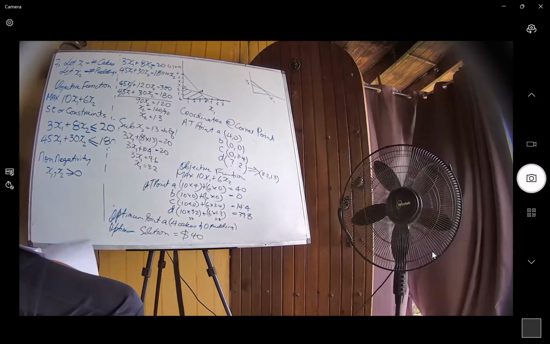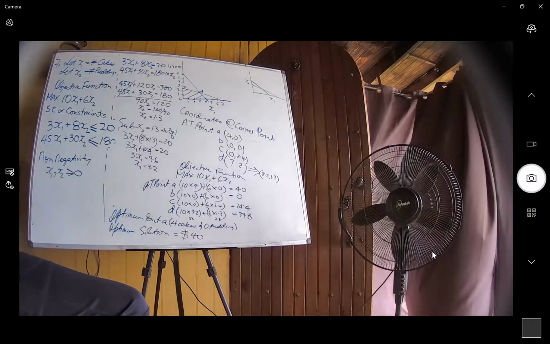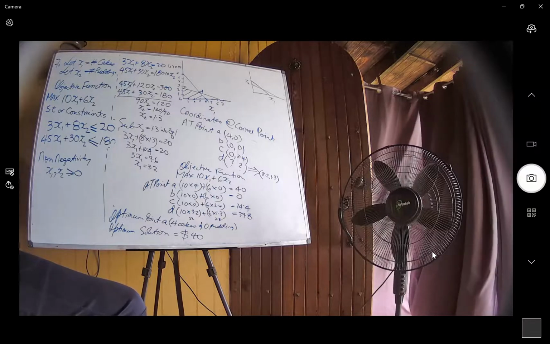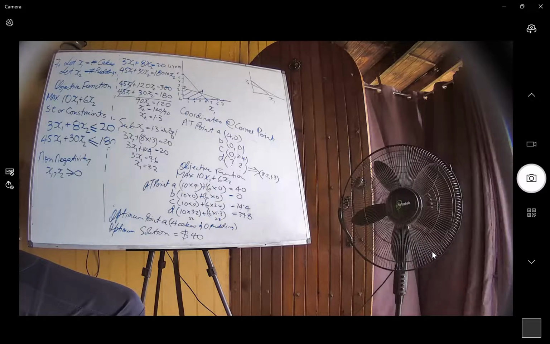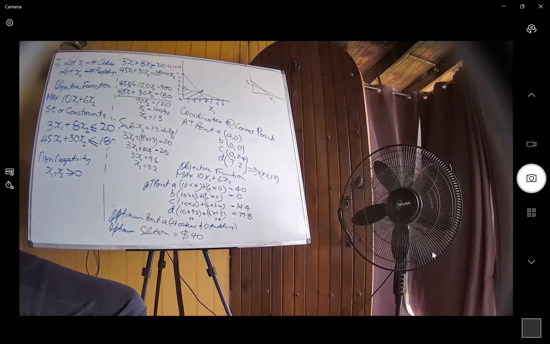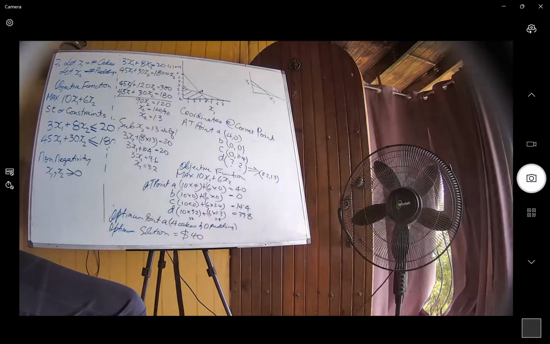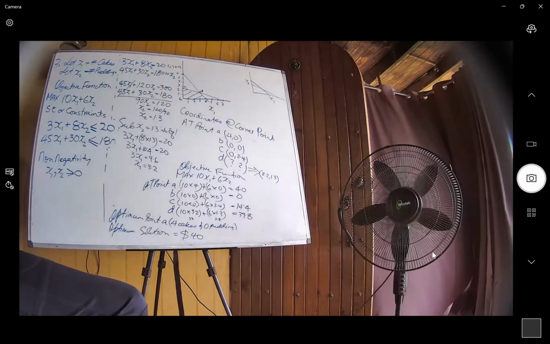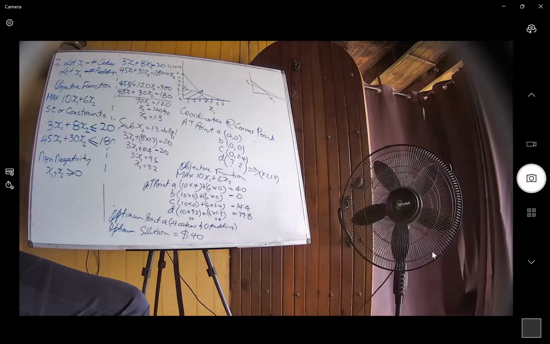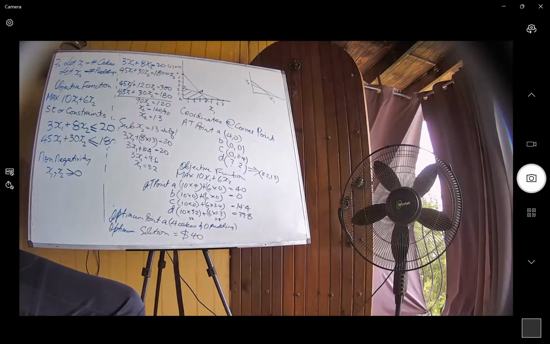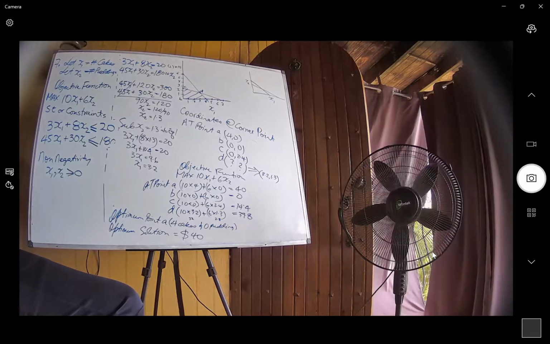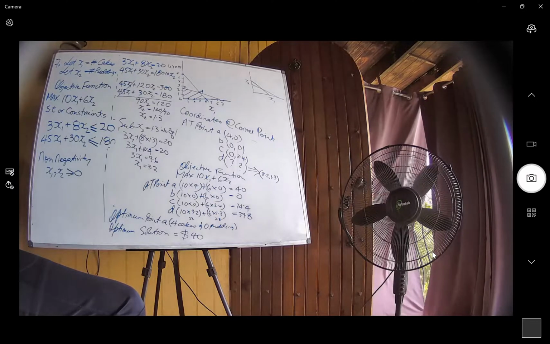All right, so we need to press on because we've gone 1 hour already, and there are some other things we want to talk about. I want to look at another problem which I know some of you would have gotten wrong. There are 2 more problems we need to do, and then I'll set you on your own to work some problems and come back to me. That's 7.